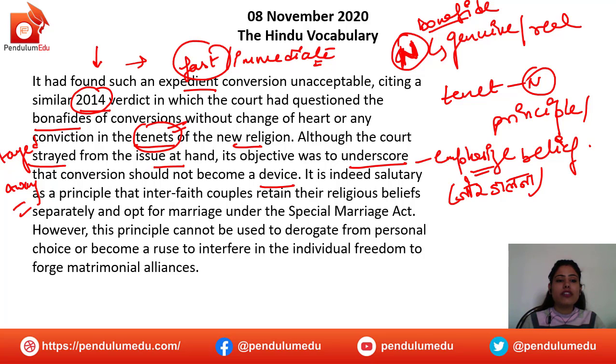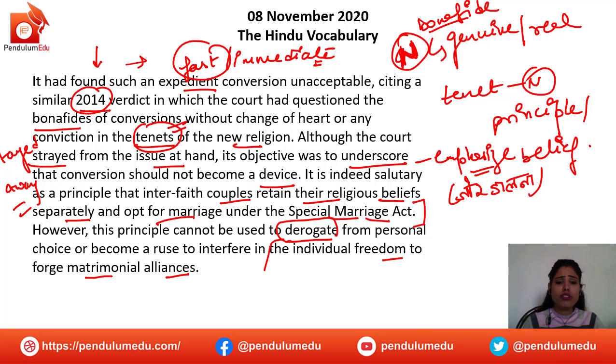It is indeed salutary as a principle that interfaith couples retain their religious beliefs separately and opt for marriage under the Special Marriage Act. So it would be better if you opt for a marriage under the Special Marriage Act, wherein you would retain your religious beliefs and principles. However, this principle cannot be used to derogate from personal choice or become a ruse to interfere in the individual freedom to forge matrimonial alliances.